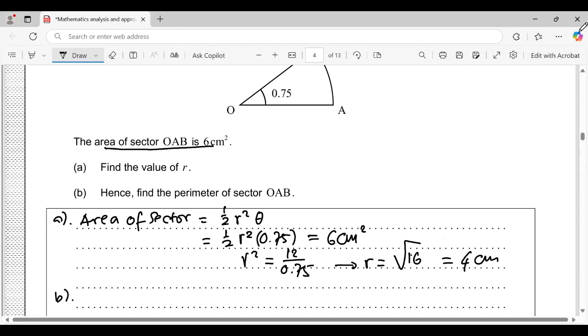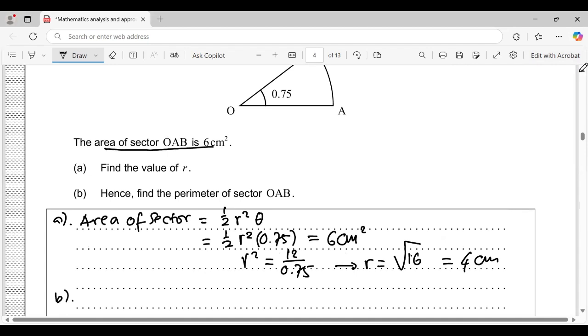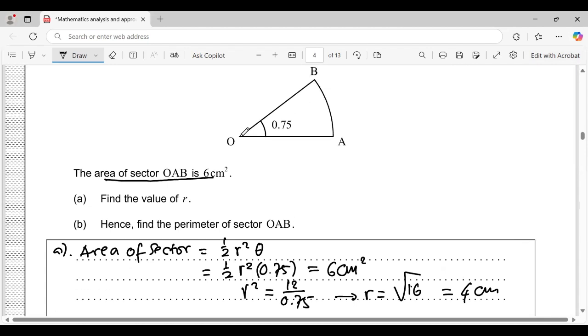B, the perimeter. Perimeter means r plus r becomes 2r plus arc AB. AB is what we are going to calculate now.